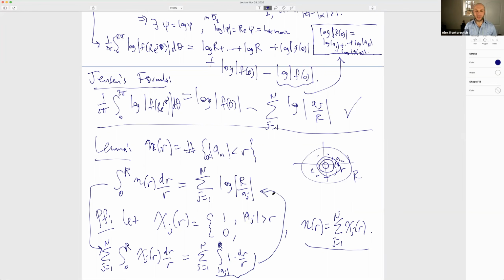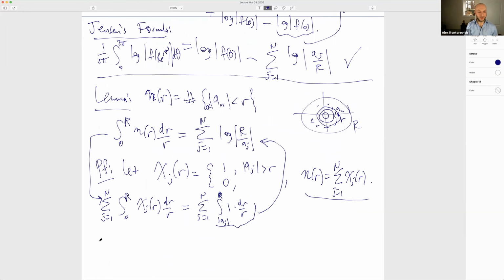And so we can combine these two formulas by recognizing this as this integral. Let me just write that as a corollary. Corollary: if I take the integral from 0 to r of n of r dr over r, that's this bit. So that's this minus this.